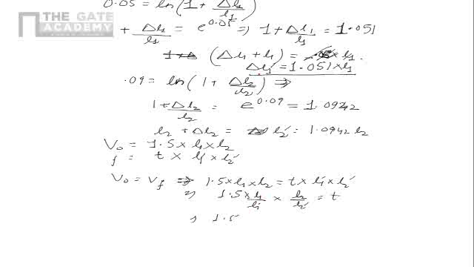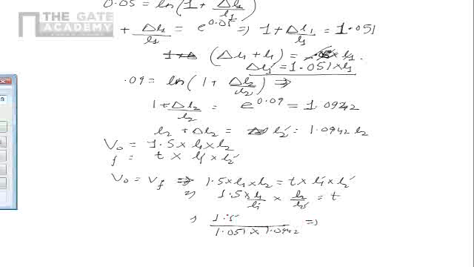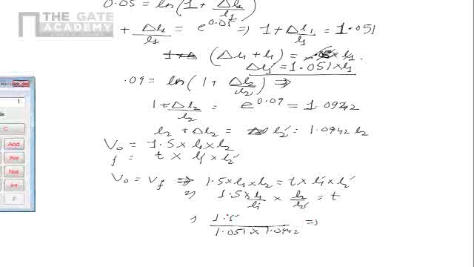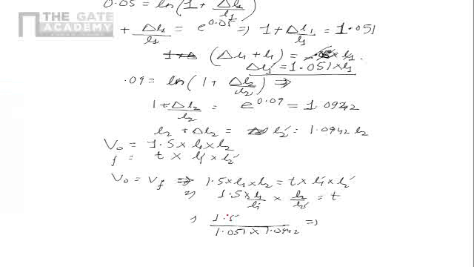So L1 upon L1 dash is 1 upon 1.051, so this divided by 1.051, and similarly L2 dash upon L2 is 1.0942. If I solve this equation, again I have to use the calculator, so that becomes 1.5 divided by 1.051 divided by 1.0942, which is nothing but 1.304.